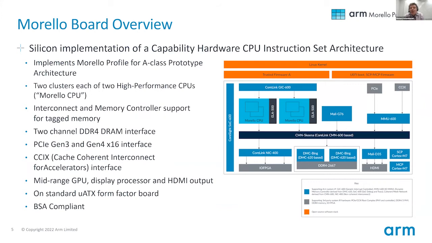What is on this board? The basic principle behind it is a highly capable board, capable to be used for both client and server type systems. So this is slightly unusual as much as we haven't targeted any particular market. We built prototype processors with this new instruction set architecture in it that are actually based on the processor cores, the Neoverse N1 cores that we have shipping and used in things like the Amazon Graviton 2 processors.